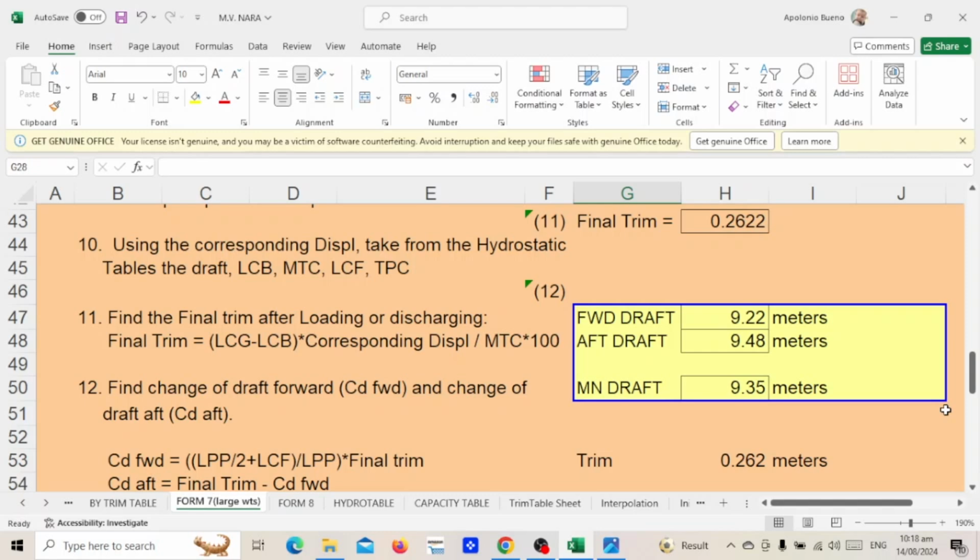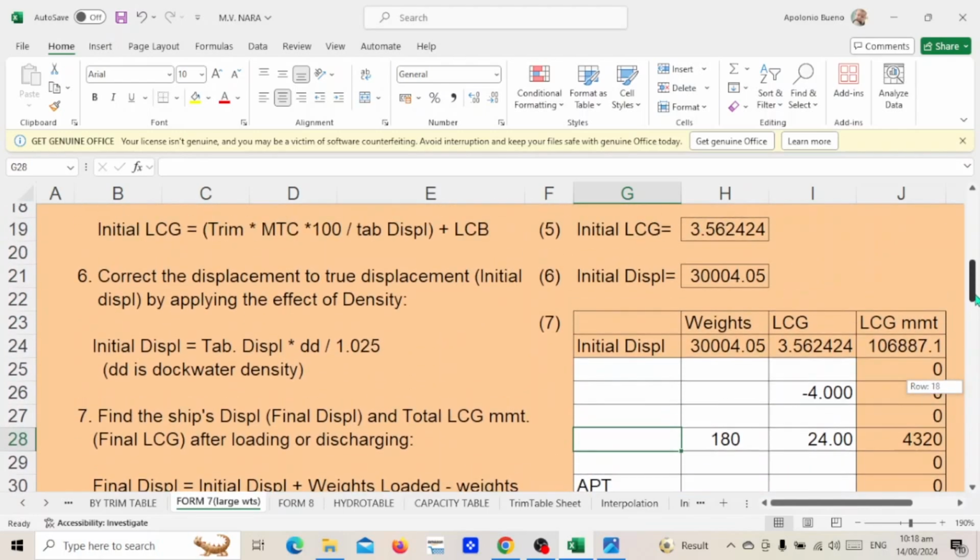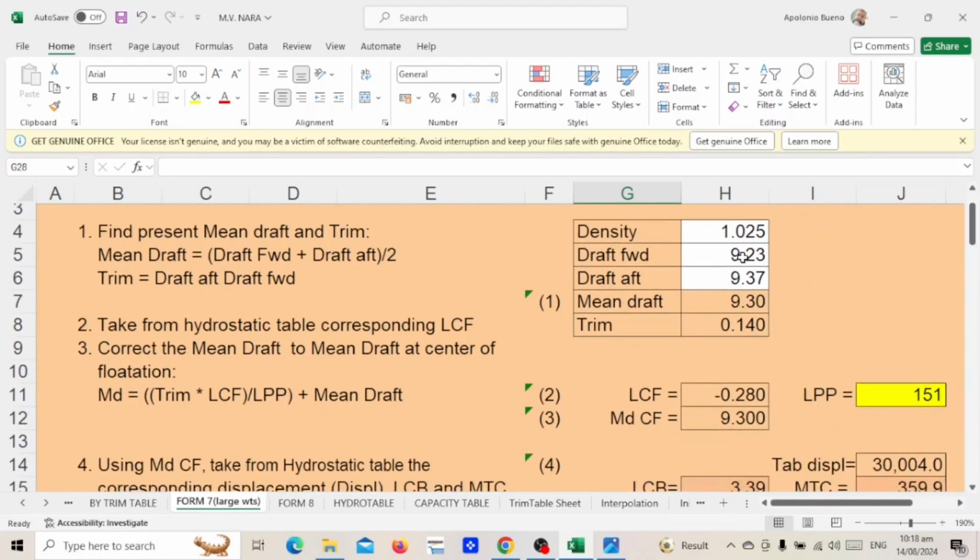So we put now the draft here. Forward is 9.22, and the aft draft is 9.48. Okay, now look at our initial draft.